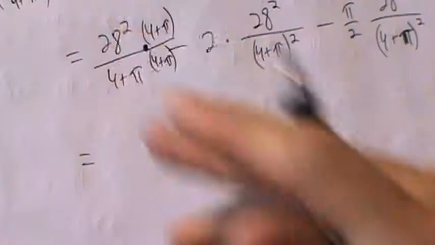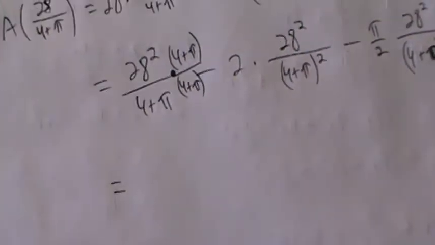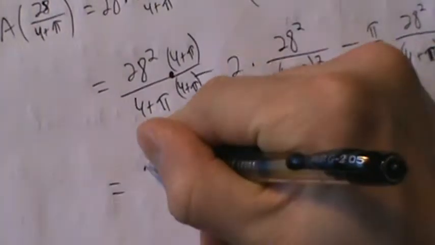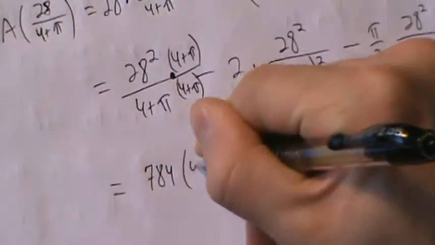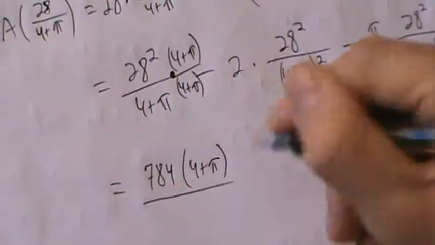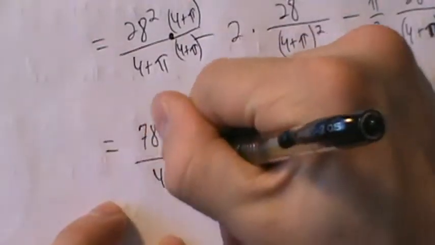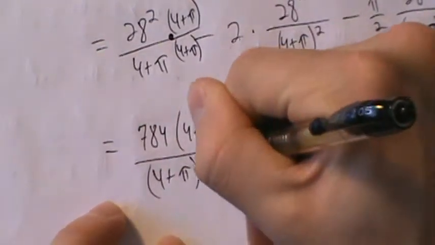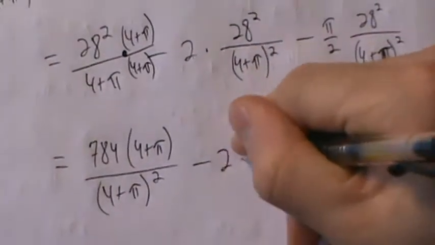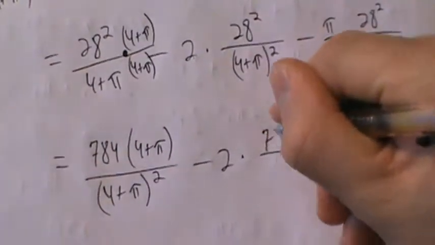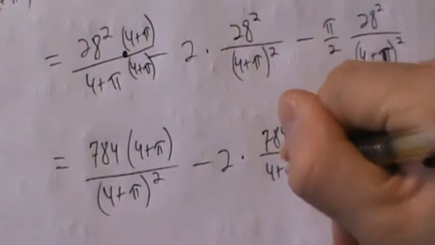So this becomes, first of all, 28 squared. Let's go ahead and simplify that. That's 784. Okay, so 28 squared is 784. And then we still have 4 plus pi on top. And then on the bottom now we have 4 plus pi squared. Minus 2 times 28 squared is 784, and then on the bottom 4 plus pi squared.